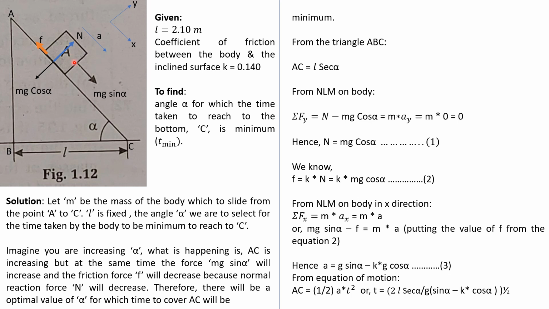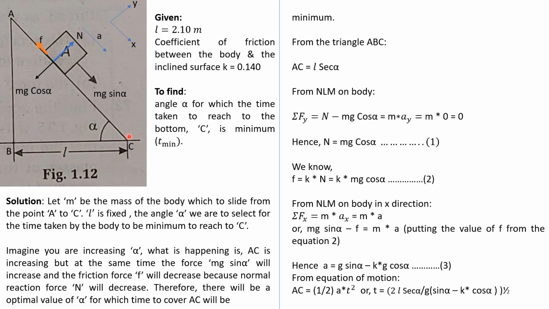We assume the mass of this body is m. Now you see what is happening here. Your L is fixed, so only the AC distance will keep changing when alpha is changing. If alpha is more, the AC will be like this. If alpha is less, the AC will be like this. So the length of AC is changing.